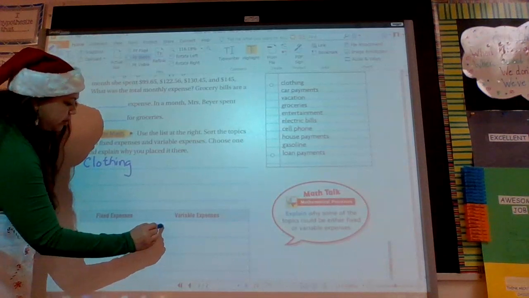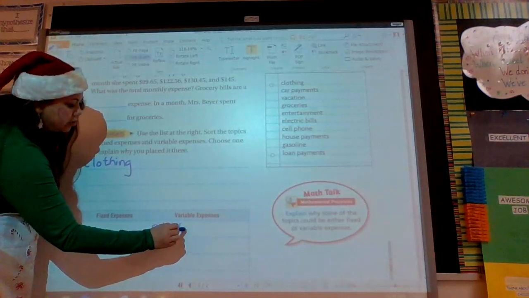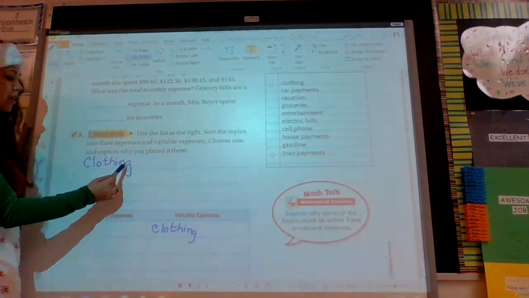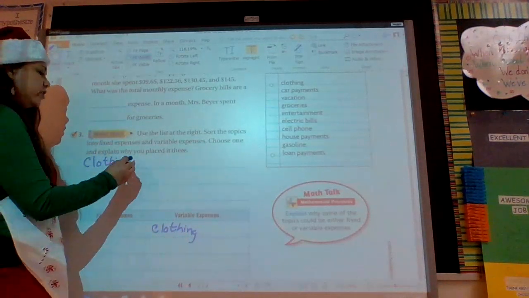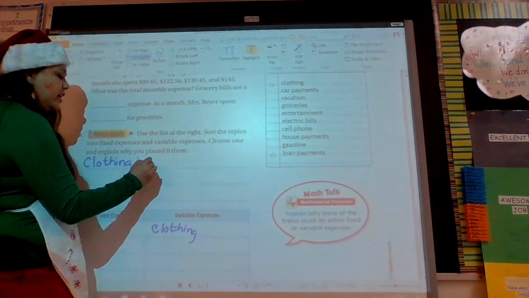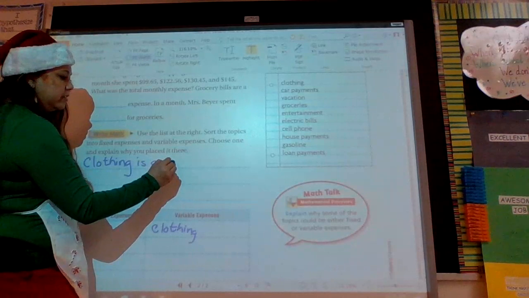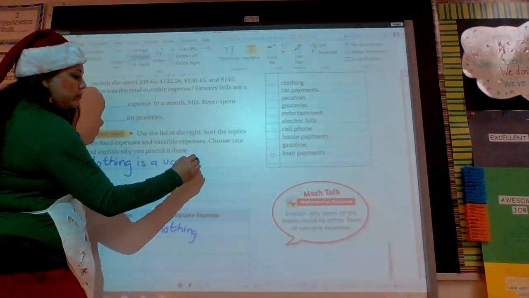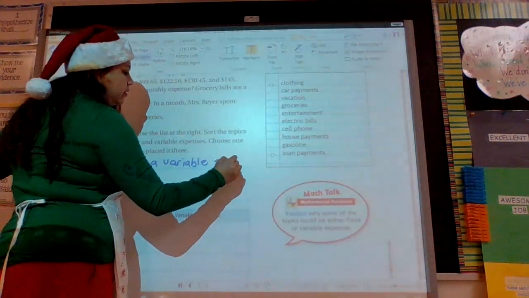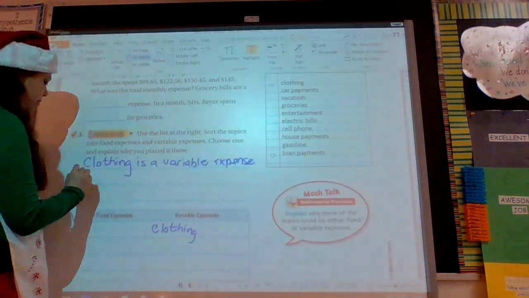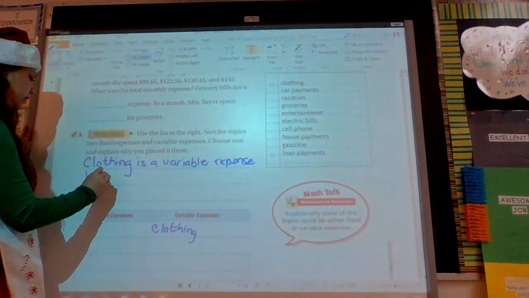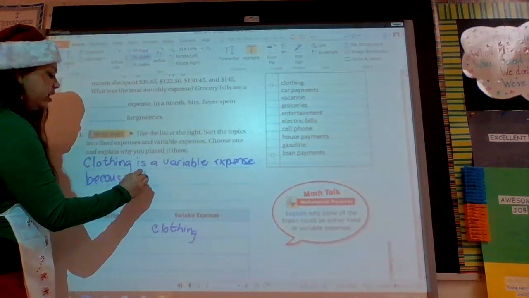So I'm going to put clothing right here, and I'm going to have to erase it in a minute because I'm going to pull this chart up, but I wanted to finish this out. Clothing is a variable expense because the price changes.